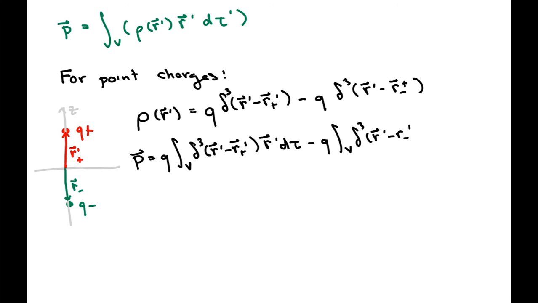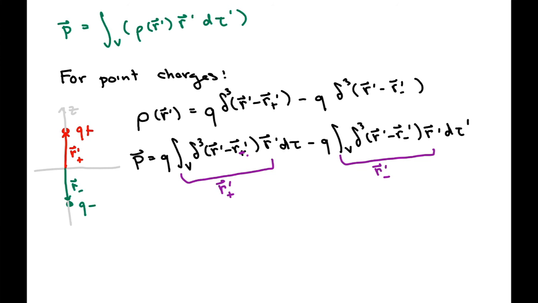So if you remember how this worked, this is all just going to be the function here evaluated at what's subtracted here. So I'm just going to get left with my r prime plus, and this will just end up being my r prime minus.